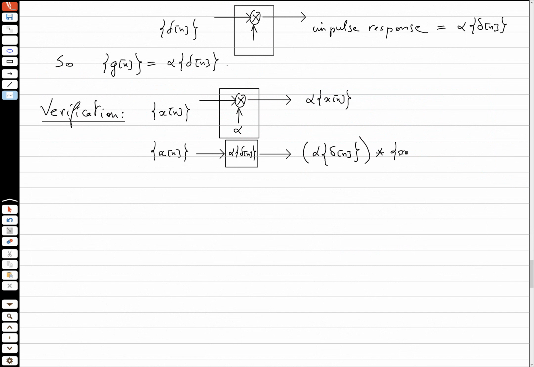And then what property do you feel like using? Homogeneity. You find this. And then what property do you feel like using? The neutral element.